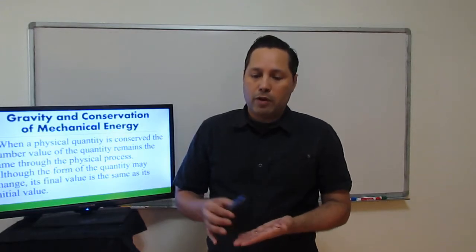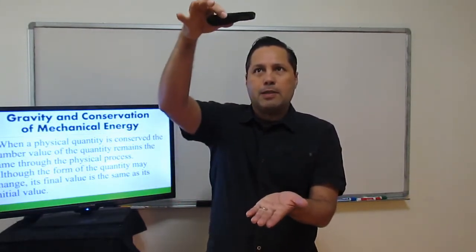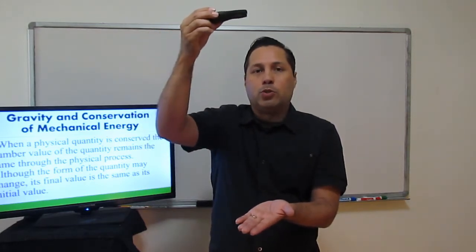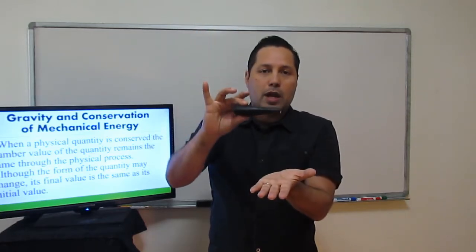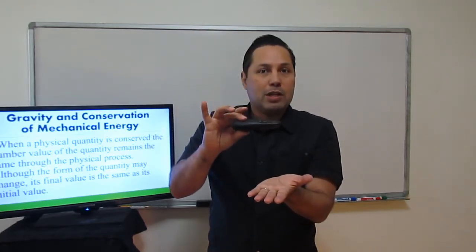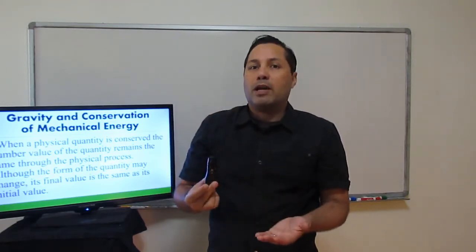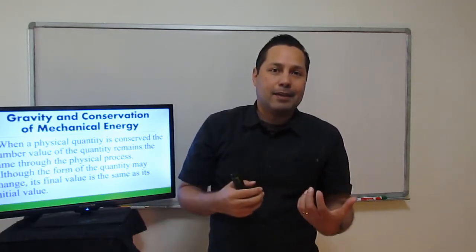For example, if I were to hold this remote above my hand, so the reference point is my hand, does it have potential energy? Sure, it has potential energy due to gravity. Once I let it go and it starts falling, it's going to lose that potential energy because it has less and less height. But as it is falling, it's also gaining velocity, so now it's gaining kinetic energy.